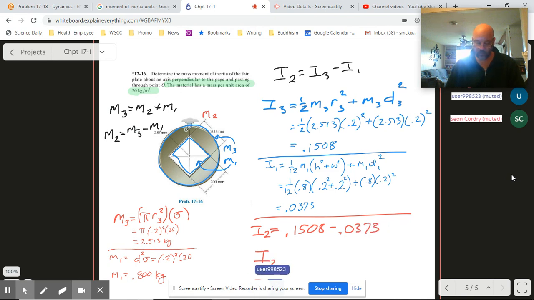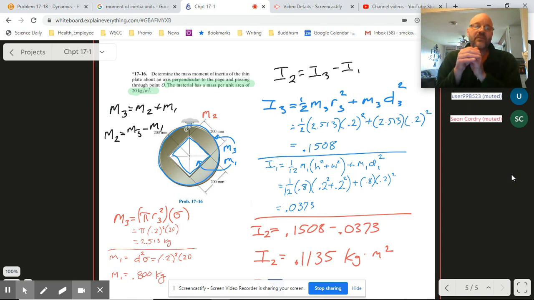So my whole moment of inertia then becomes 0.1135 kilogram meter squared. So as you're working these out, now you've got these different tricks. You can add things up. If you've got a whole, subtract from it. Subtract from something just like we did here. That'll work out just fine.